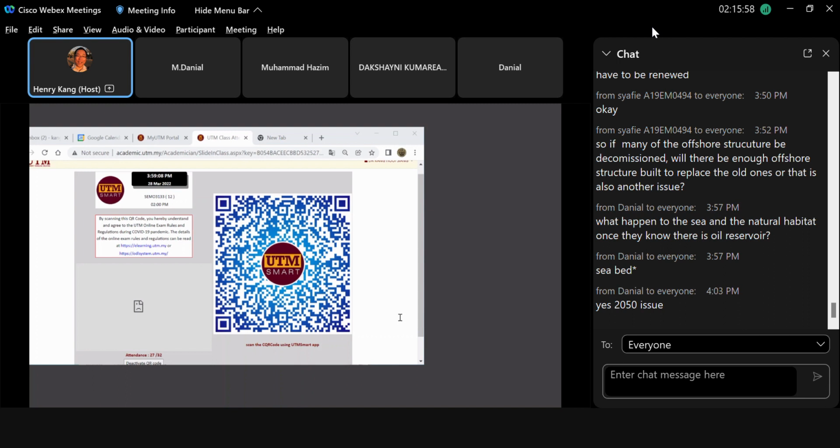But they also have some other methods. For example, they still use the traditional methods, but they try to plant some new trees in other places. For example, if they produce a certain footprint from the oil and gas industry activity, they need to cover it back by planting, say, 1,000 pokok in Pahang or 10,000 pokok in Perak or Sarawak, for example.